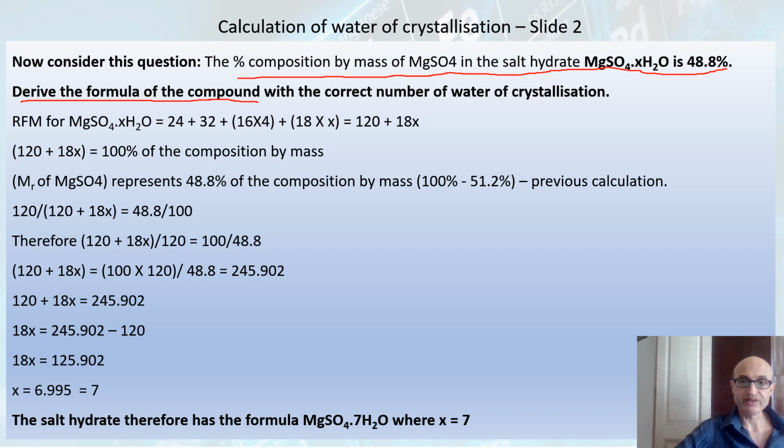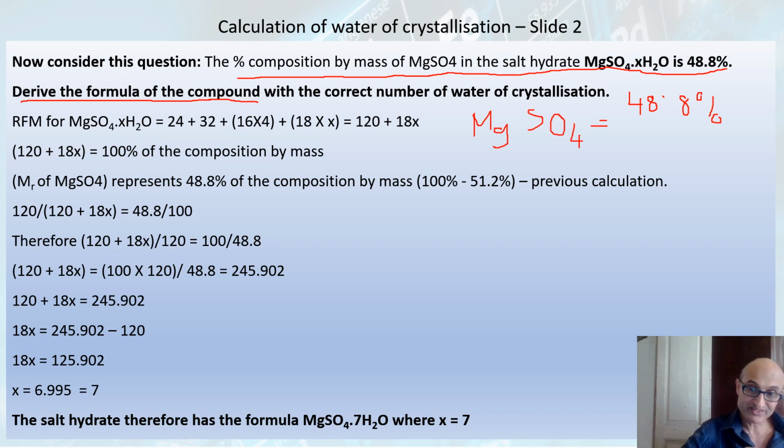All we're given is that the MgSO4 component, the anhydrous component, if you like, contributes 48.8% of the total mass. Now, what does this immediately tell you? If MgSO4 is less than half the mass, doesn't it tell you that there must be a lot of water of crystallization?